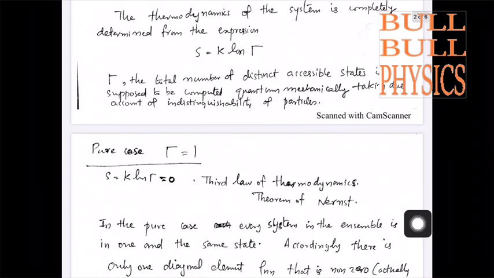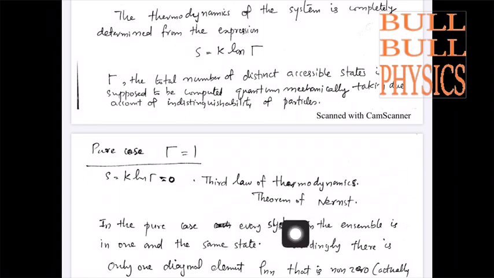Now suppose gamma is equal to 1. The total number of microstates accessible to the system is 1, and we say it is a pure case. So S equal to k log gamma is equal to 0 because gamma is 1, and this is the third law of thermodynamics, the Nernst theorem.